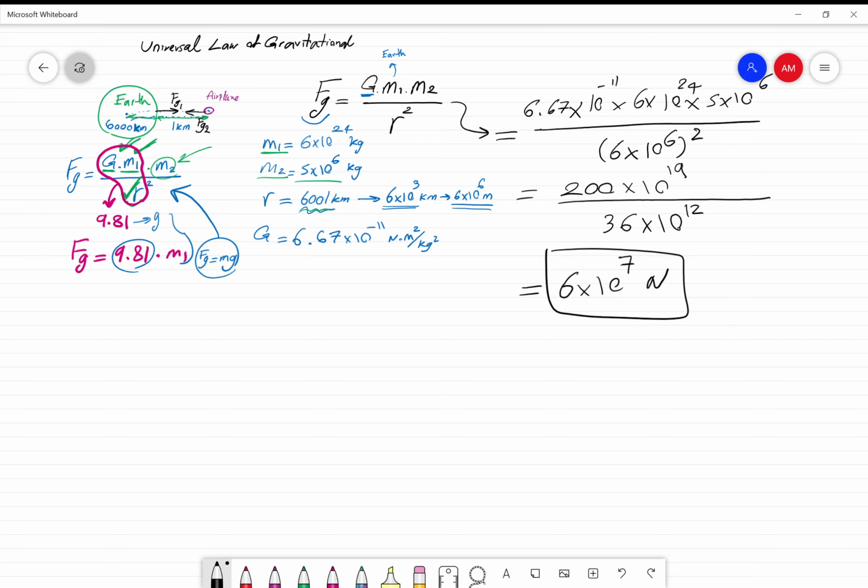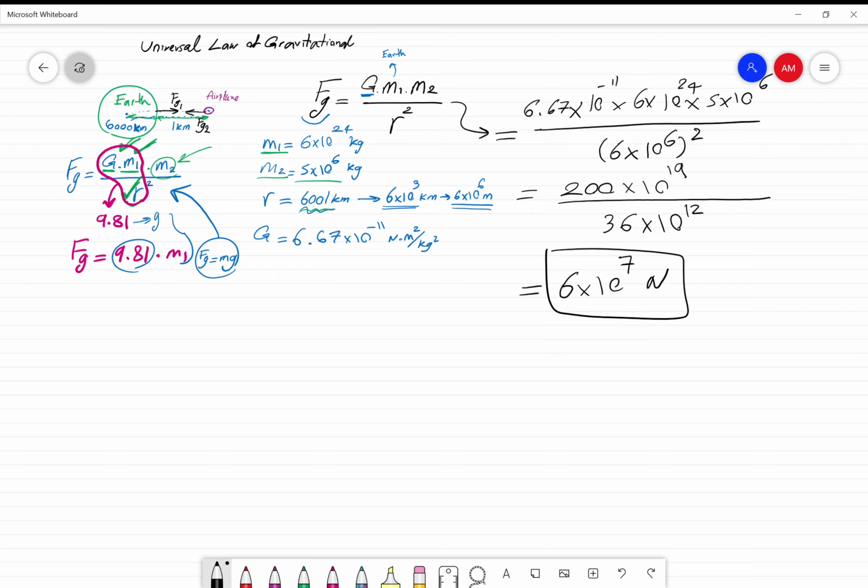And we said that that force applies on both objects, one to the left, one to the right. Okay? So it means Earth is pulling the airplane with a force of 6 times 10 to the power of 7. The airplane is also pulling Earth with the force of 6 times 10 to the power of 7. So now the question is, if the airplane is pulling Earth, how come Earth is not moving?